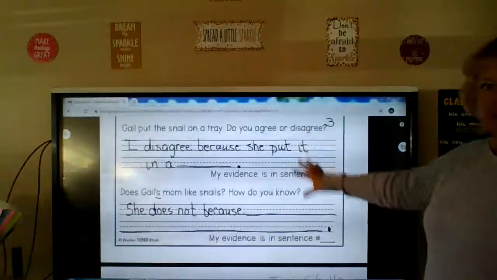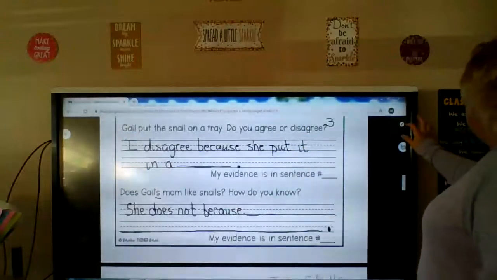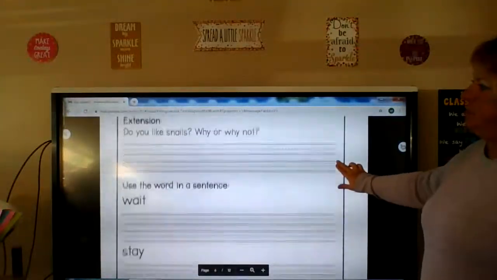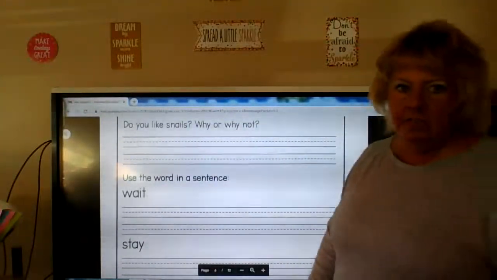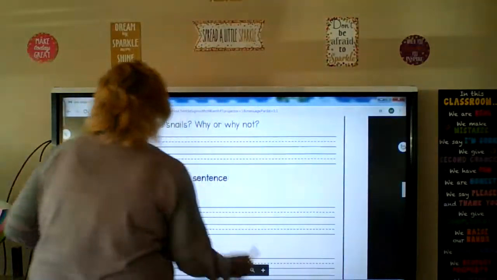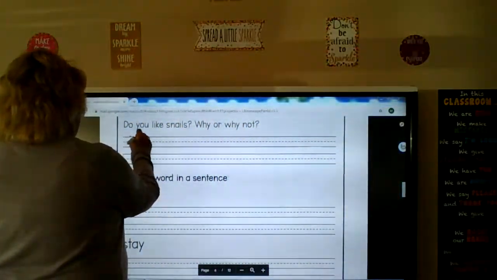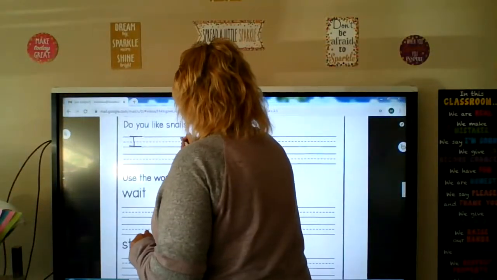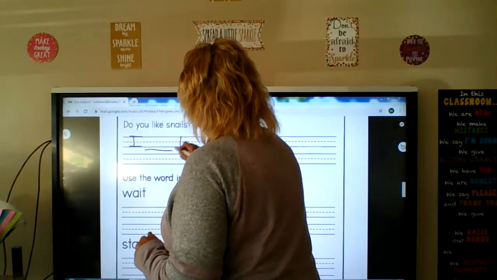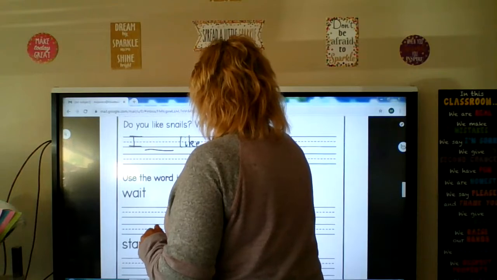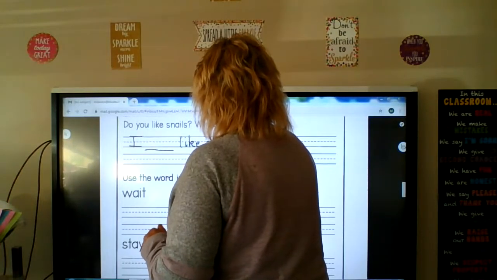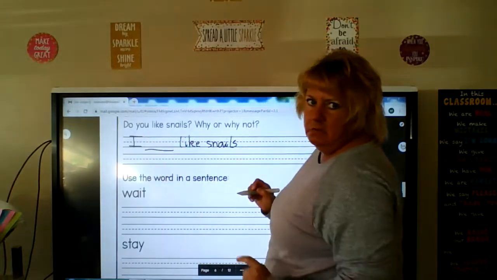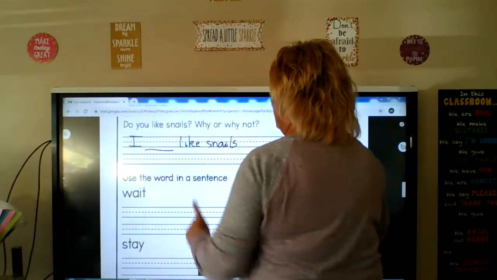You can pause me until you get that whole page done. And then we're going to flip it on the back. Do you like snails? I do or do not. That part is going to be up to you. You're either going to write do or don't here.